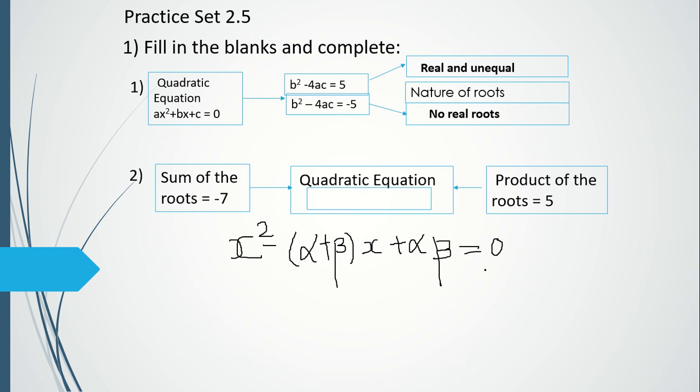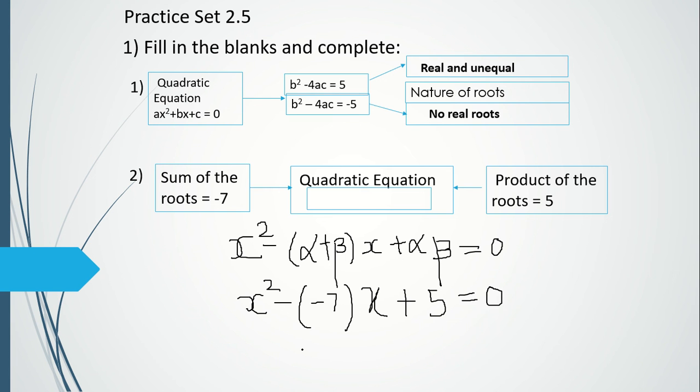Okay, we use this formula to get the quadratic equation now. So we get x square minus alpha plus beta. Alpha plus beta is minus 7. See, sum of the roots, alpha plus beta, is given as minus 7. x plus product of the roots is given 5 is equal to 0.